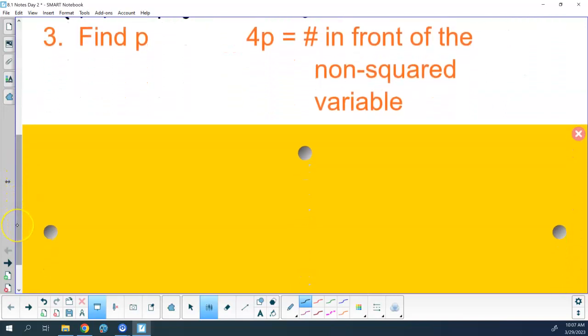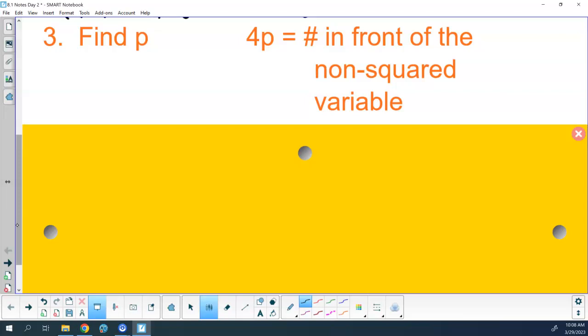Why do I need to find p? P does have power, yes. What powers does it have? It's got 2 of them. P is the width? No. It's a distance to the directrix from the vertex. It's also the distance to the focus from the vertex.